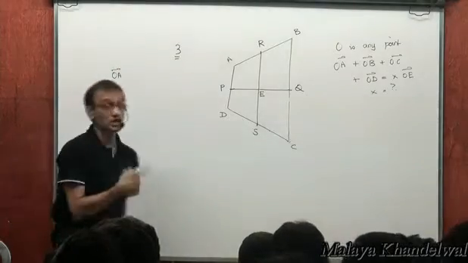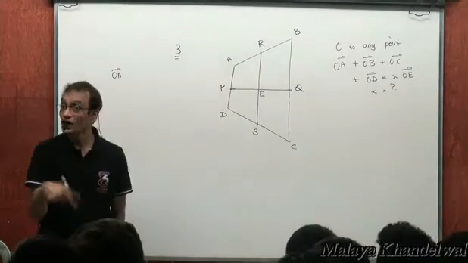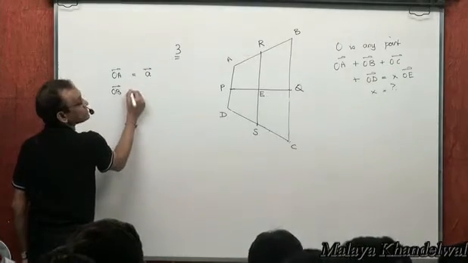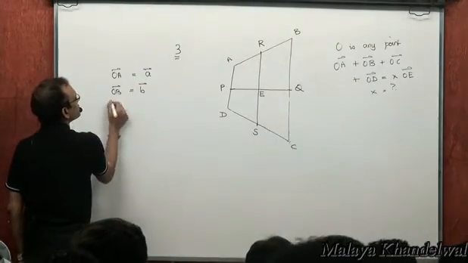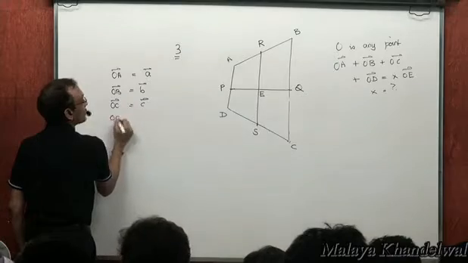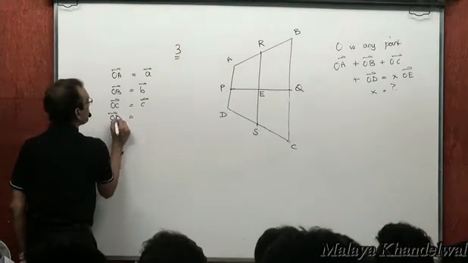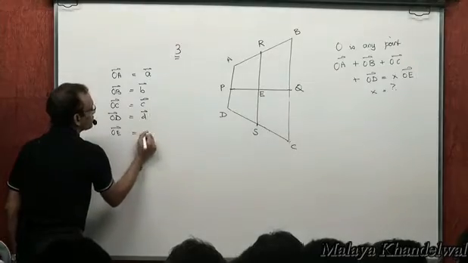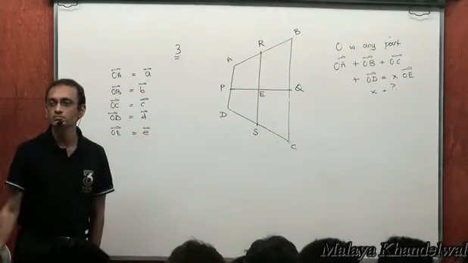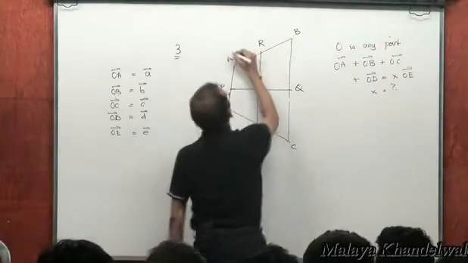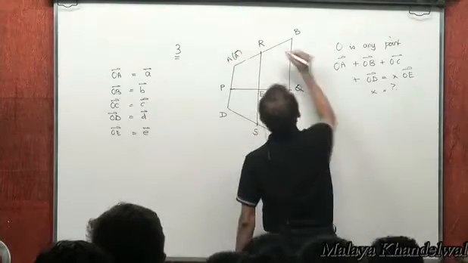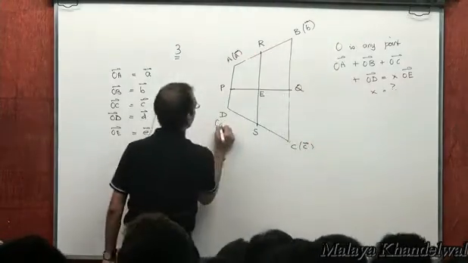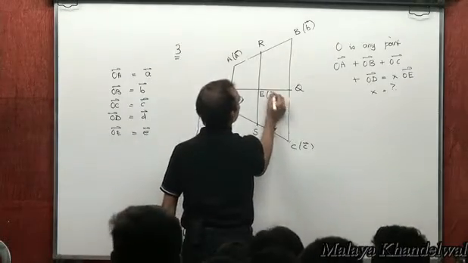OA would be the position vector of A. Similarly, OB will be the position vector of B, OC the position vector of C, and OD the position vector of D. And similarly, OE will be the position vector of E. Can I say all of this? So, position vector of A, B, C, D, and this is the position vector of E.